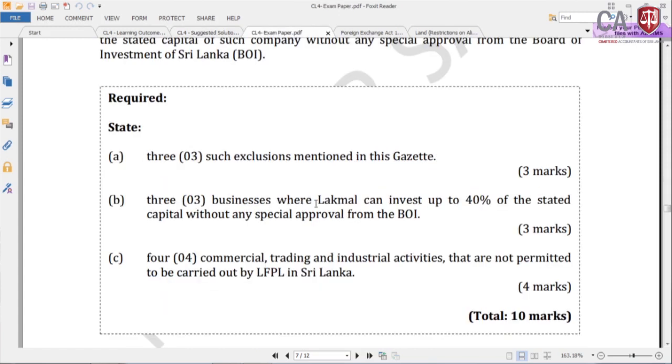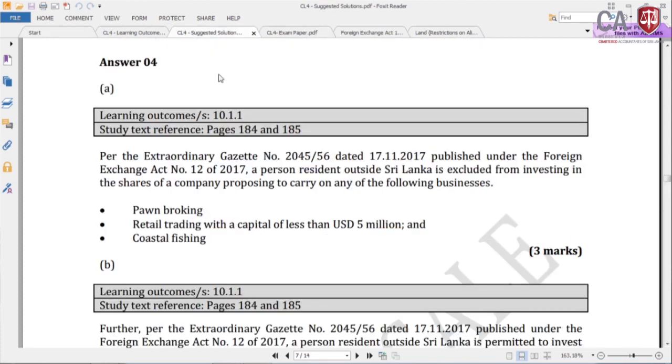Then 3 businesses where Lakmal can invest up to 40% of the stated capital without any special approval from BOI. What are those?